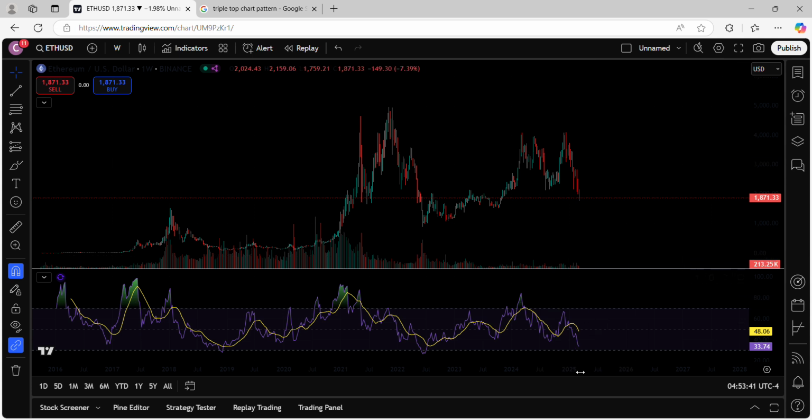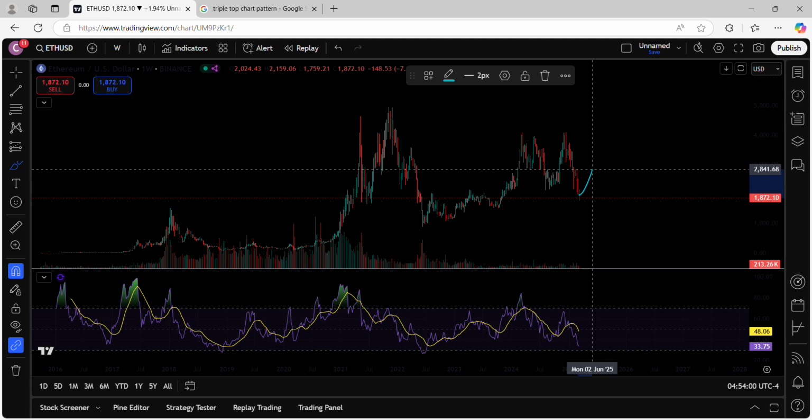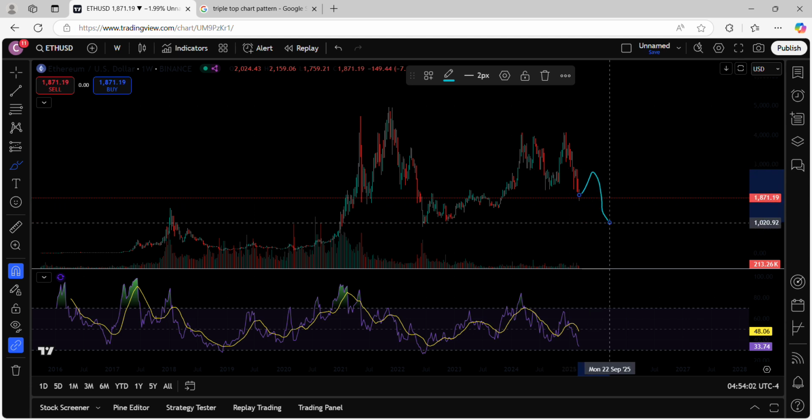We have room down, as I pointed out in the last video in the RSI, for it to head lower. But if it goes too low, there will eventually be a bounce. And it may bounce maybe to here, before it heads lower. You really don't know how it will work.